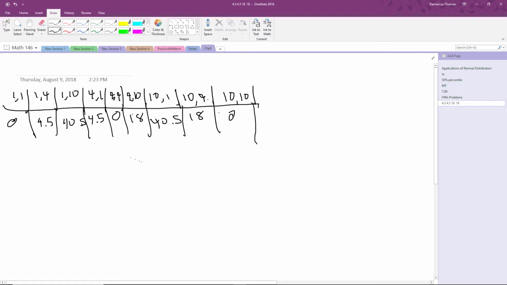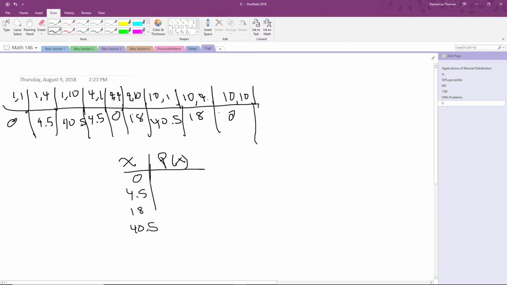Now it's time to create a probability distribution with all of my results. So what we'll do, I'll make this be my x and I'll make this be my p of x. First I had 0, then I got 4.5, we also got 18, and then we have 40.5.